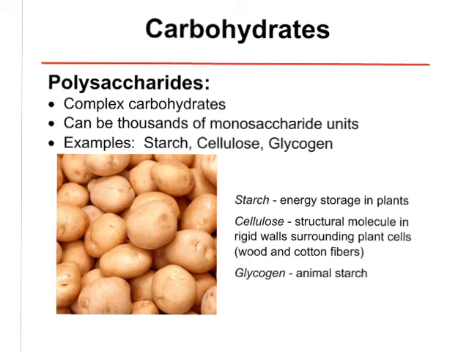Wood and cotton fibers have a lot of cellulose, so they give structure and support to the cells. Glycogen. Glycogen is a polysaccharide that is found in animals, in animal muscles. It's often called animal starch, and these are where we find some of these carbohydrates.